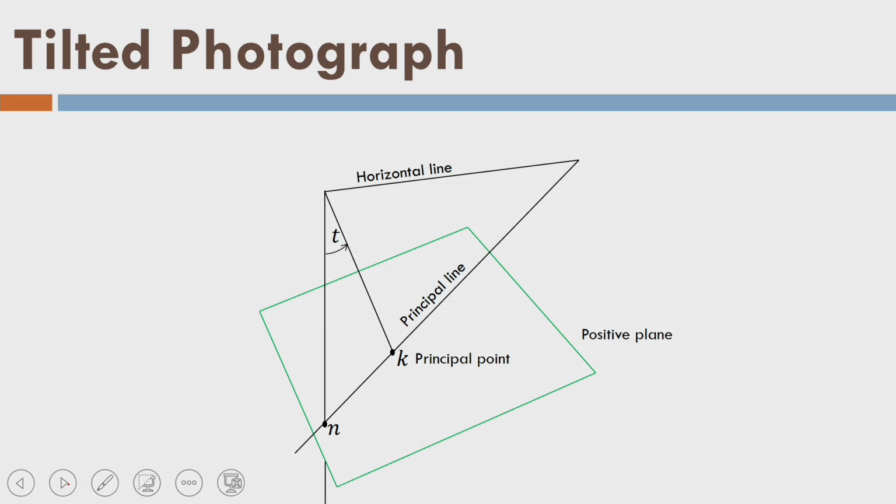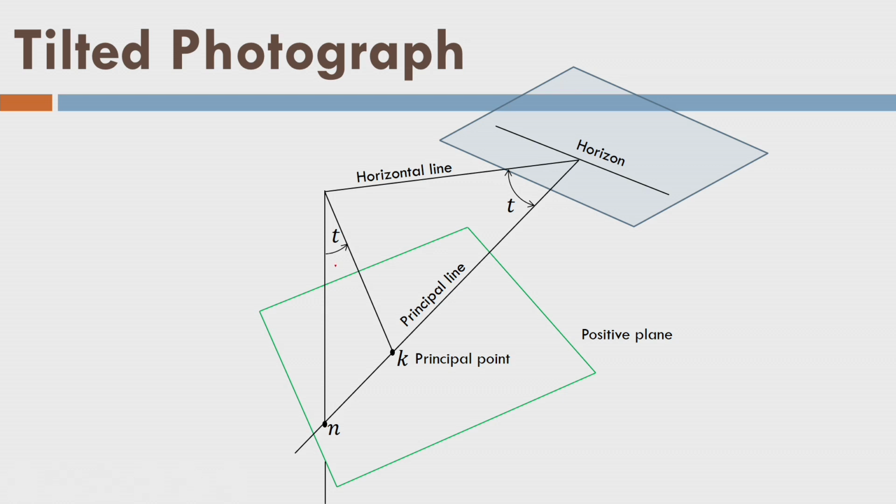And if I draw a horizontal line in a horizontal plane like this, you can understand that this angle is the tilt T. They are the same, this T and this T, but they are in different planes, so they appear different in this animation. I am showing that this is my tilt with respect to horizontal, and here this is the tilt between my nadir line or plumb line and the optical axis.